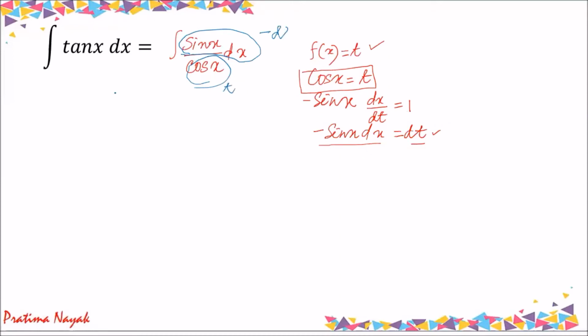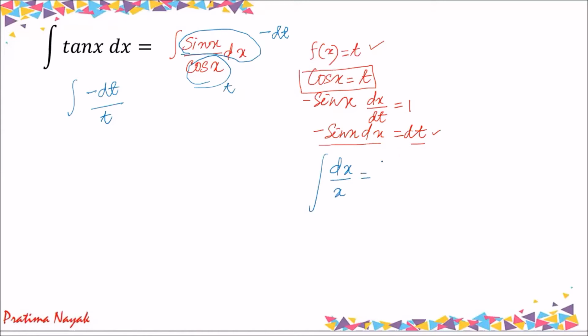Then I will substitute. This is the meaning of substitute: you will write t, as well as you will replace dx also with dt. Otherwise it will be a mistake. So I'll write minus dt upon t. Minus dt upon t is the same as dx upon x. What is dx upon x?